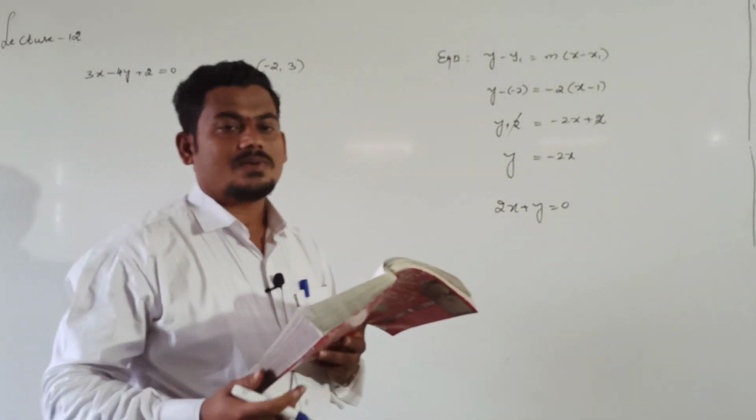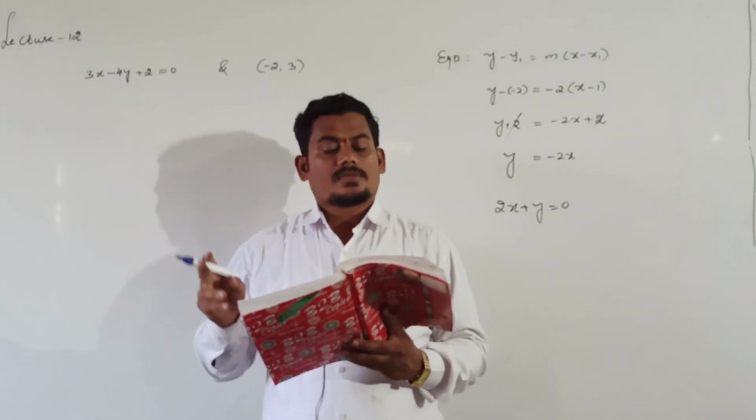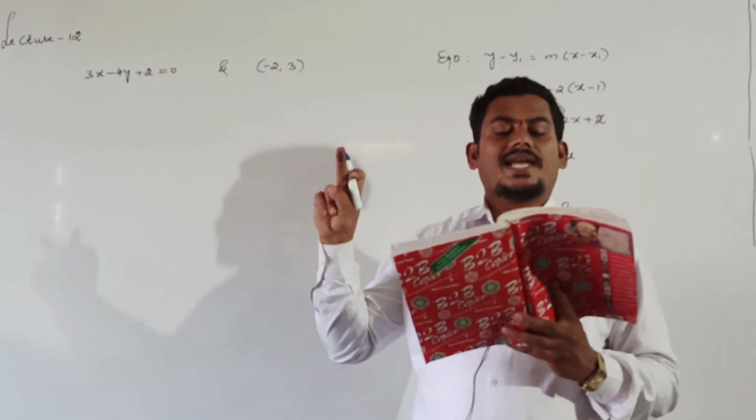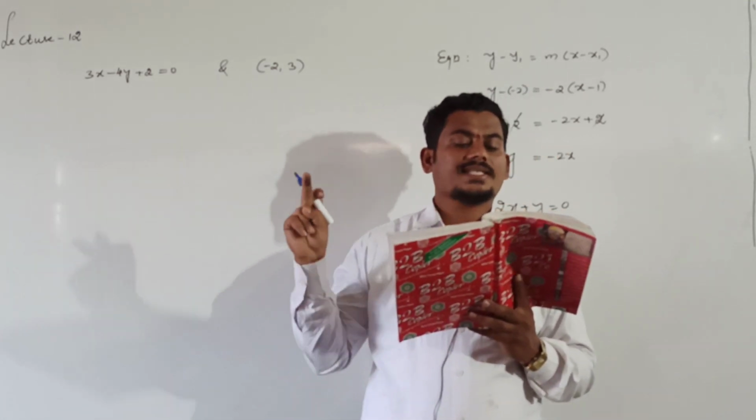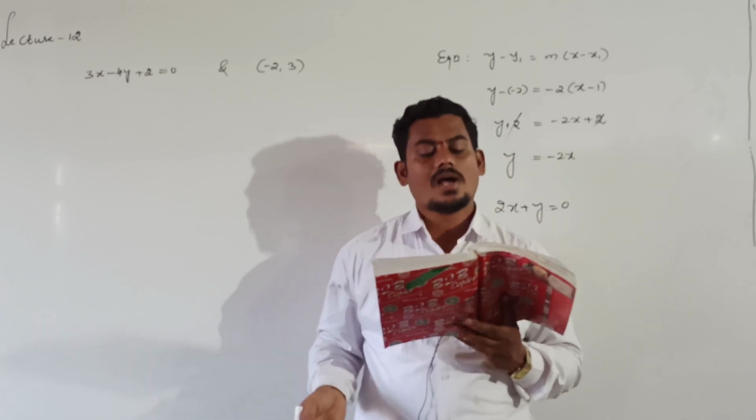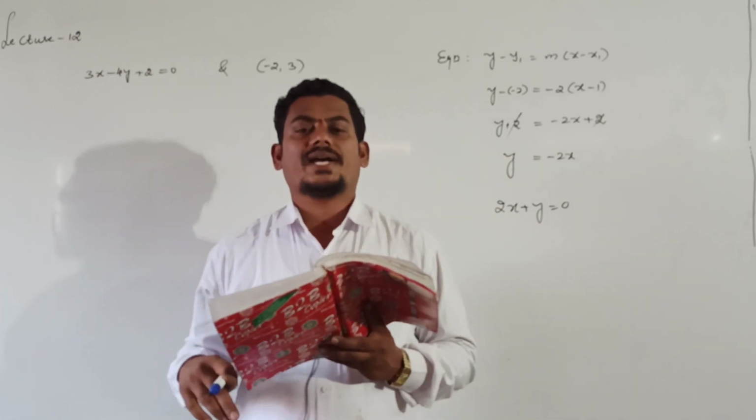Once again I will read the question. Find the equation of the line parallel to the line 3x minus 4y plus 2 equal to 0 and passing through the point minus 2 comma 3.